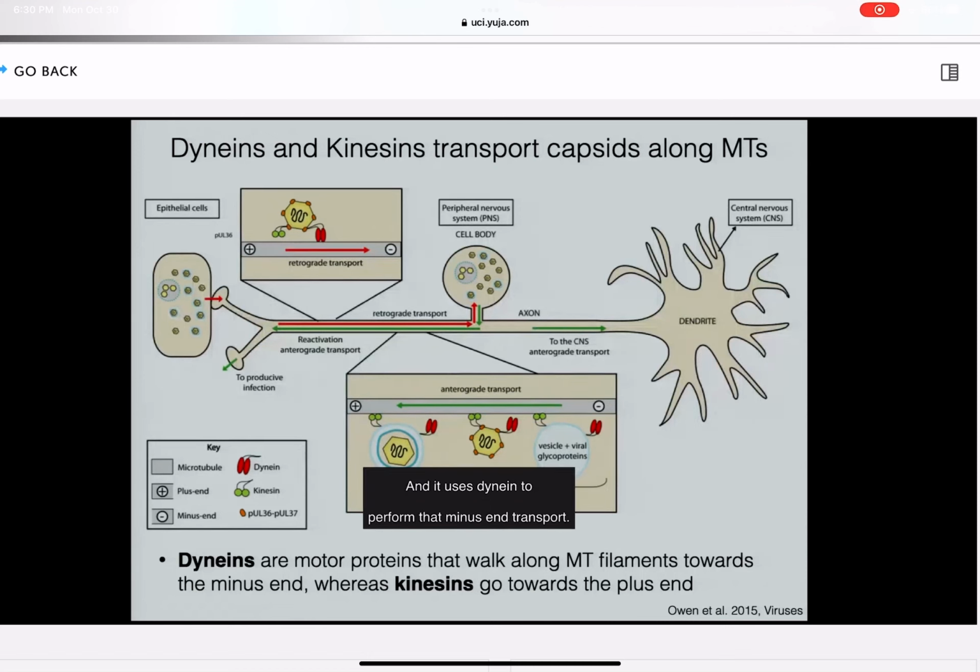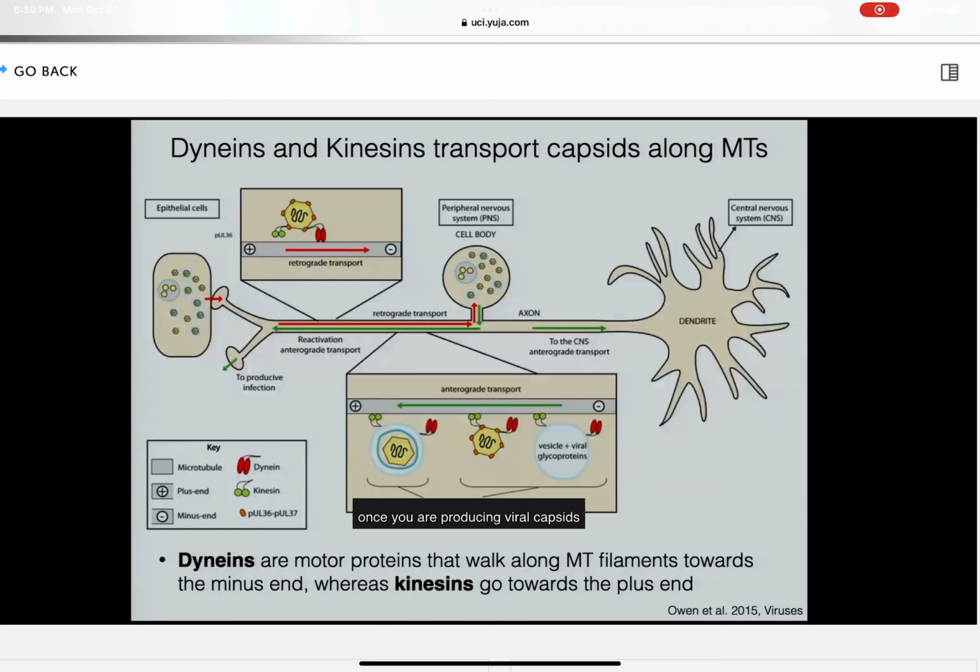And it uses dynein to perform that minus end transport, right? And so you can see that this capsid particle could potentially interact with both kinesins and dyneins. But when it wants to go retrograde, it's only really using the dyneins to go towards the nucleus. That's where it gets over there. It could dump the genetic material into that nucleus and then incorporate into the nuclear genome.